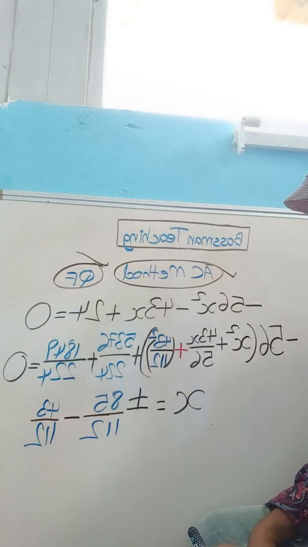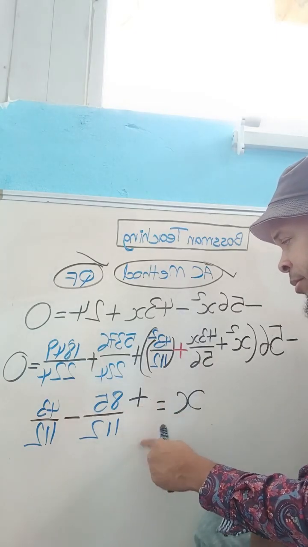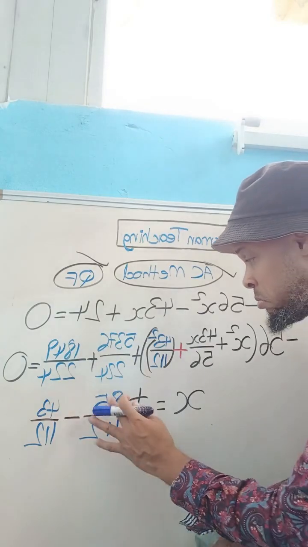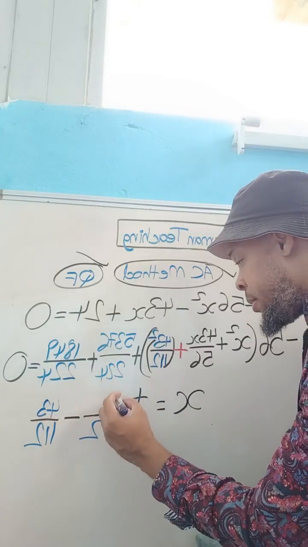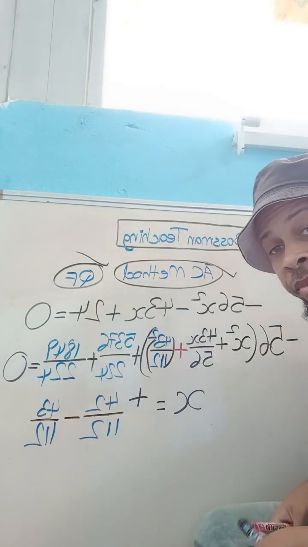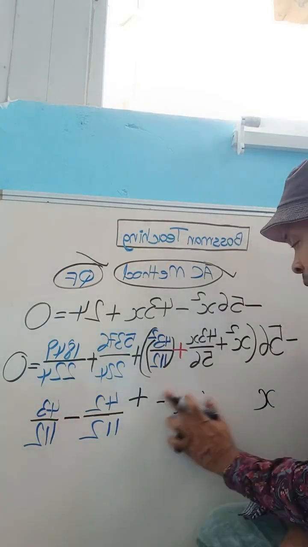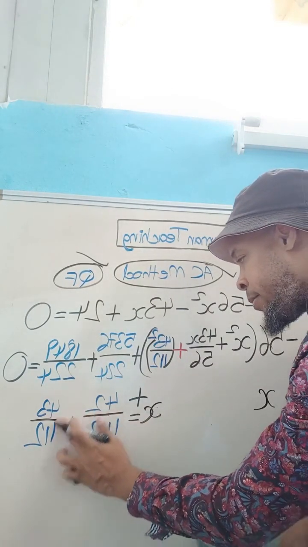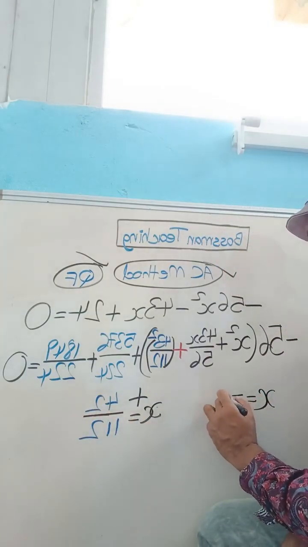Yeah. So we can do this. 85 minus that gives you a positive 42 over that. Yeah? And then on this side, on this side now we get what?